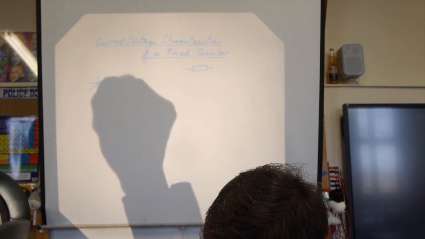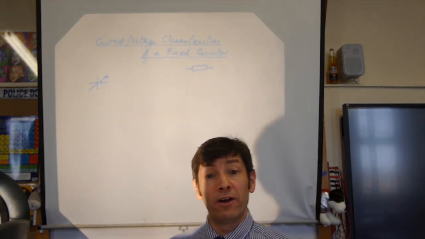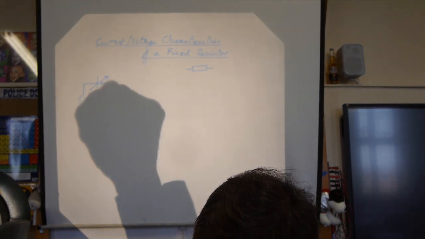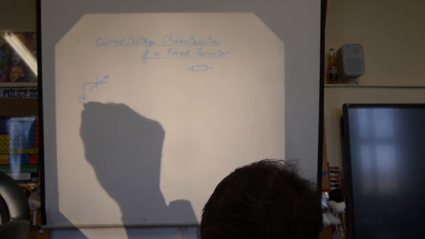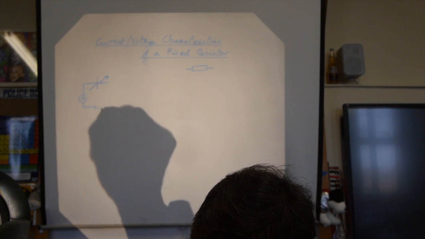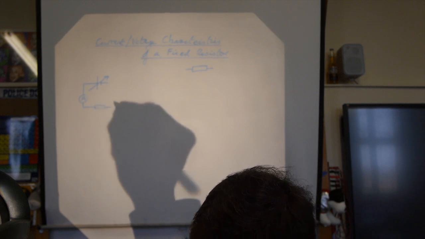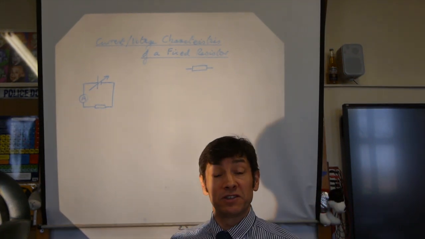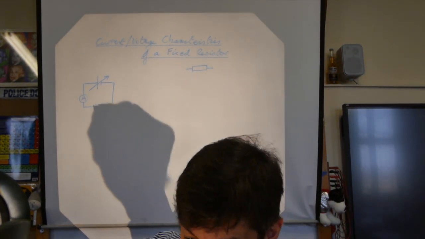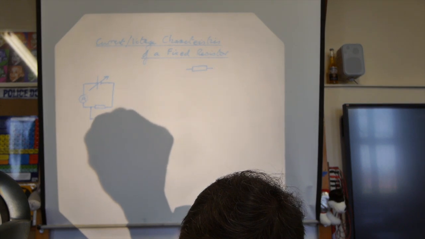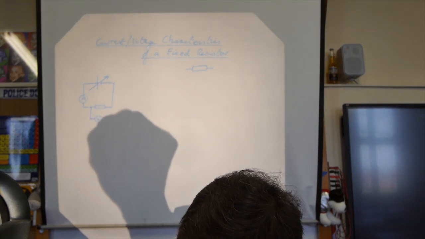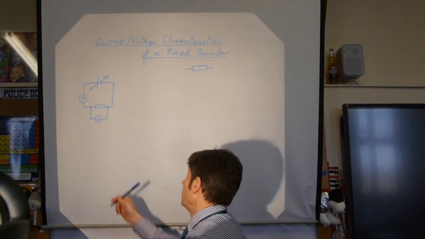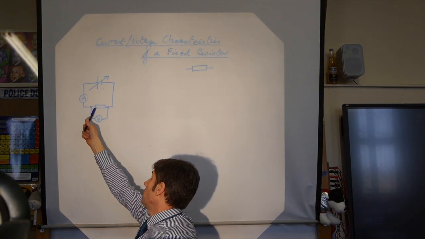Let's make that a variable battery, a variable power supply, and then down we came through an ammeter in series with the fixed resistor, and then back to the battery. Okay, a bit difficult to see with all those wires on the bench. And then here we go, let's measure the potential difference in volts across the fixed resistor. So we can change the voltages and see what we get.